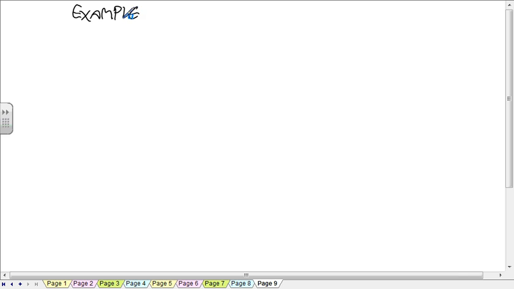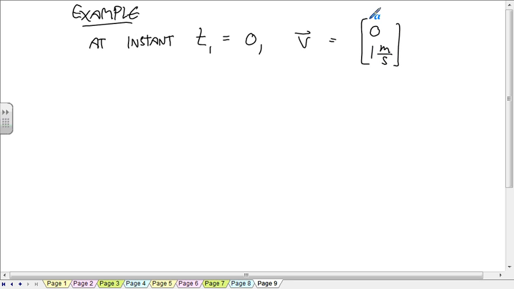So let's say that at our instant t1, and let's say t1 is equal to 0, the velocity vector is equal to 0, 1 meter per second. Okay. So first of all, what does that velocity vector look like? It's straight up in the positive y direction.